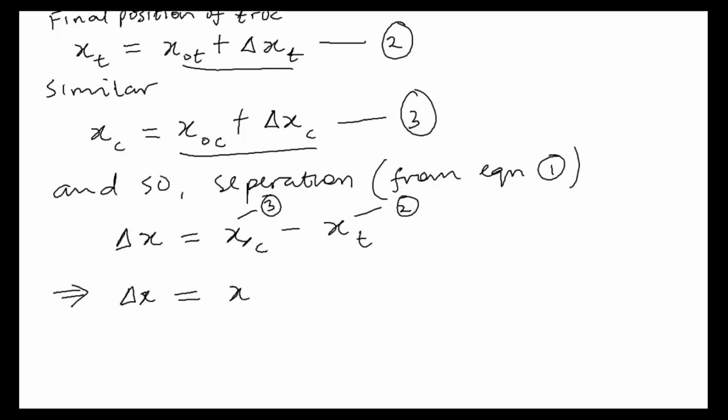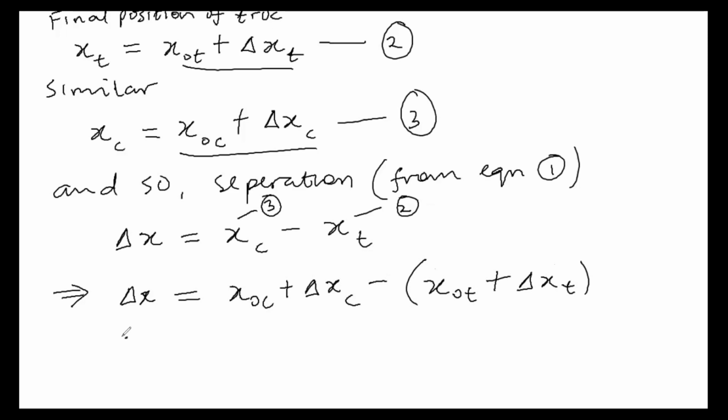this x_c, which is x naught c plus delta x_c, and then minus everything that is here, which is x naught t plus delta x t.